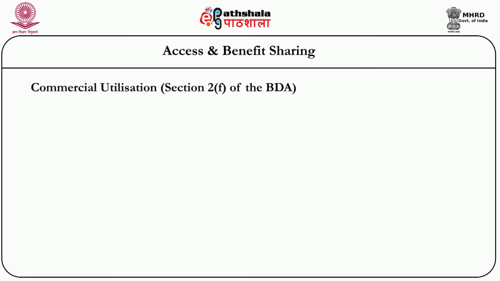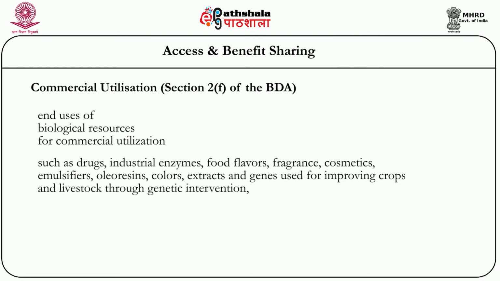Commercial utilization is defined in the Biological Diversity Act as end uses of biological resources for commercial utilization, such as drugs, industrial enzymes, food flavors, fragrance, and there are a lot of examples there, but it does not include conventional breeding or traditional practices in use in agriculture, horticulture, poultry, dairy farming, etc. Which basically means that when you are using a biological resource to make a drug or an industrial enzyme or food flavor or fragrance, then that is commercial utilization.